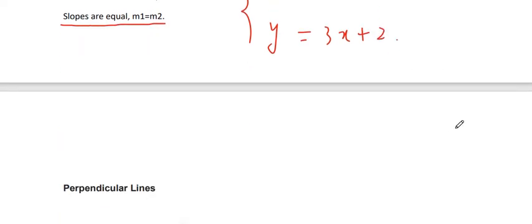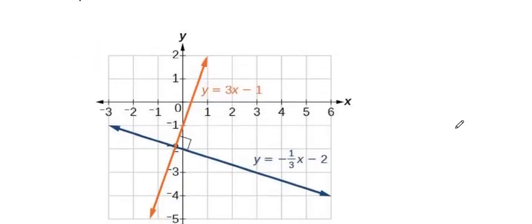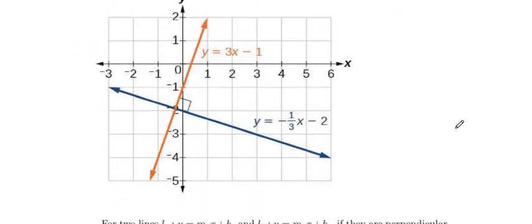Okay, so for perpendicular, we find in this example, if this is 3x minus 1, that is 1 over 3x minus 2. Here we only focus on the slope.